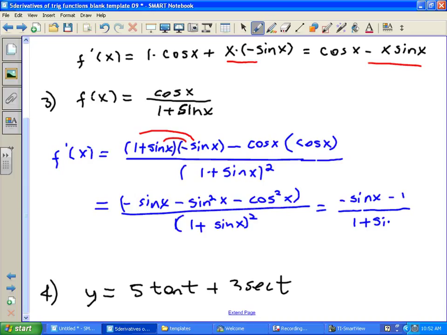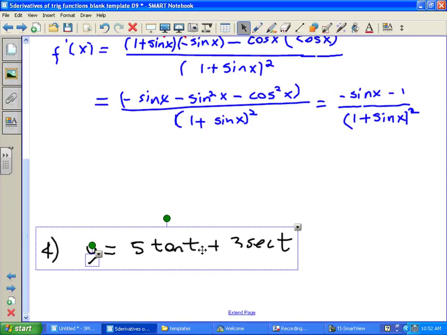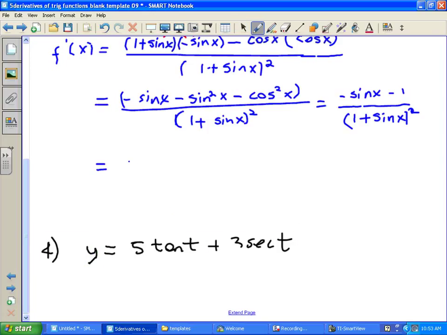Okay, it looks like we might be able to do one more thing here. Factor out a negative from the top. So if we factor out a negative, we will have negative 1 times sine x plus 1, or I'm going to write it like this, 1 plus sine x, same thing, right?